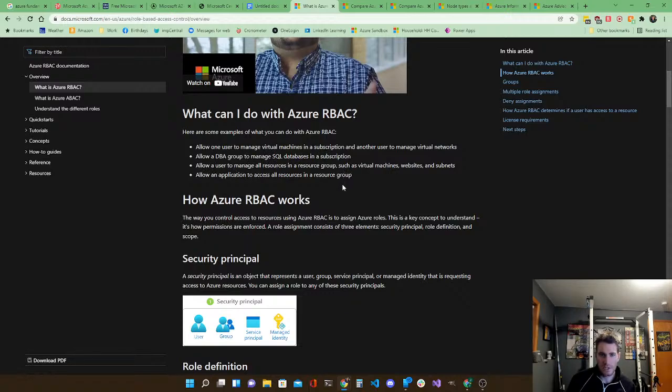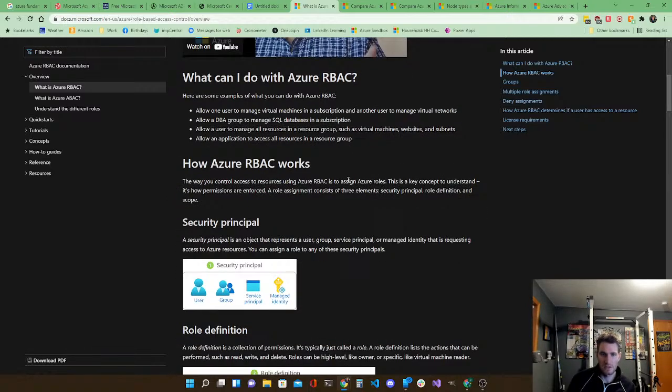So it sounds like just a way of managing different permissions at different levels, kind of within a subscription. All this was in a resource group, kind of different levels, I think. Okay.